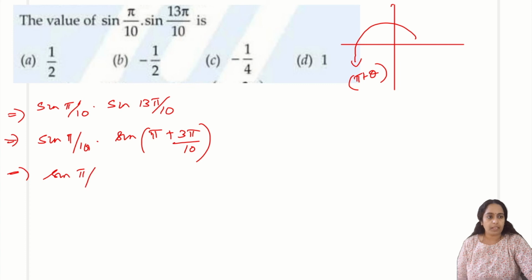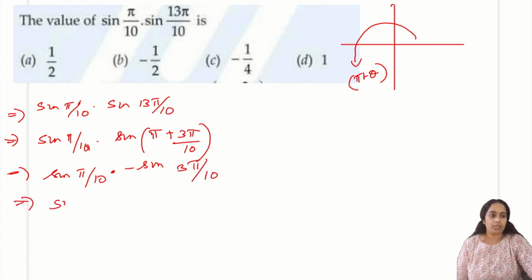So it's going to be sine pi by 10 into minus sine 3 pi by 10. Sine pi by 10 value is what, children? It's going to be 180 by 10, so it's going to be sine 18 degrees.